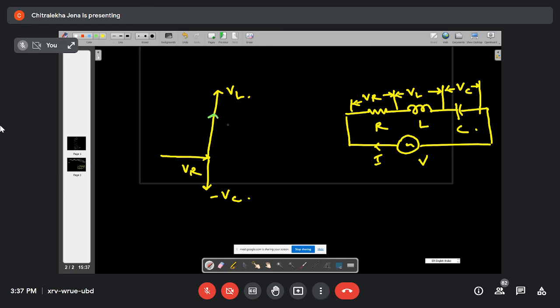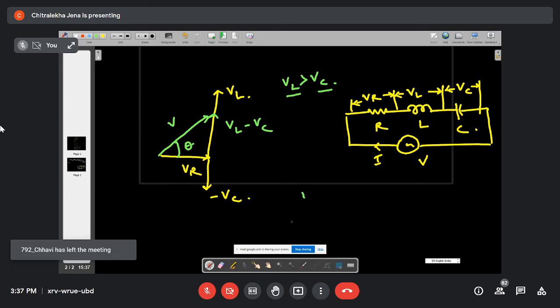This vector is your VL minus VC, because here I am taking the condition that VL is greater than VC, that is, the voltage across the inductor is greater than the voltage across the capacitor. So the resultant voltage will be in this direction. This angle is your theta, right? I have drawn it. Yes or no? Yes, ma'am.